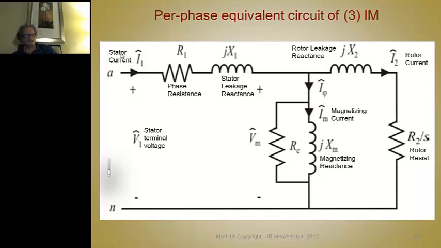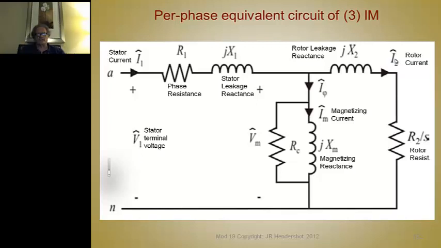That's this, and then the total stator current, the resistance of the stator phase, and the stator leakage reactance is this term, the rotor leakage reactance, the rotor current, and the rotor resistance, and then the magnetizing reactance, and finally the magnetizing current. So the magnetizing current is magnetizing the circuit, and the rotor current vector is producing the torque in the machine.